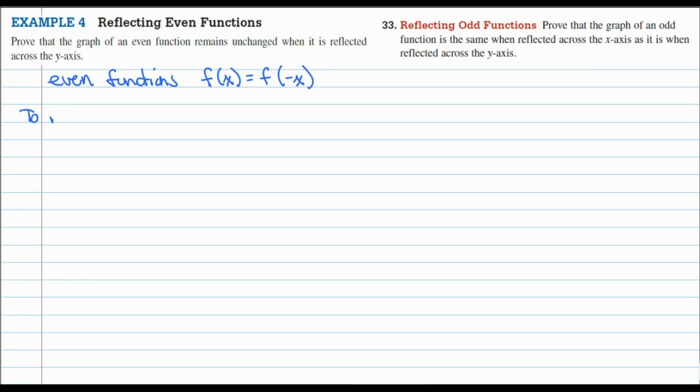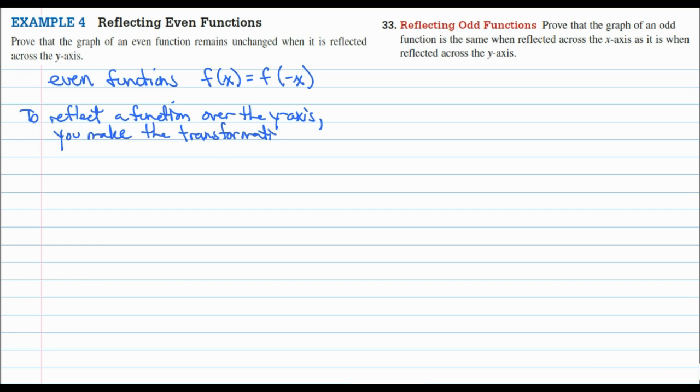So to reflect a function over the y-axis, you make the transformation f of negative x. So the input changes signs.